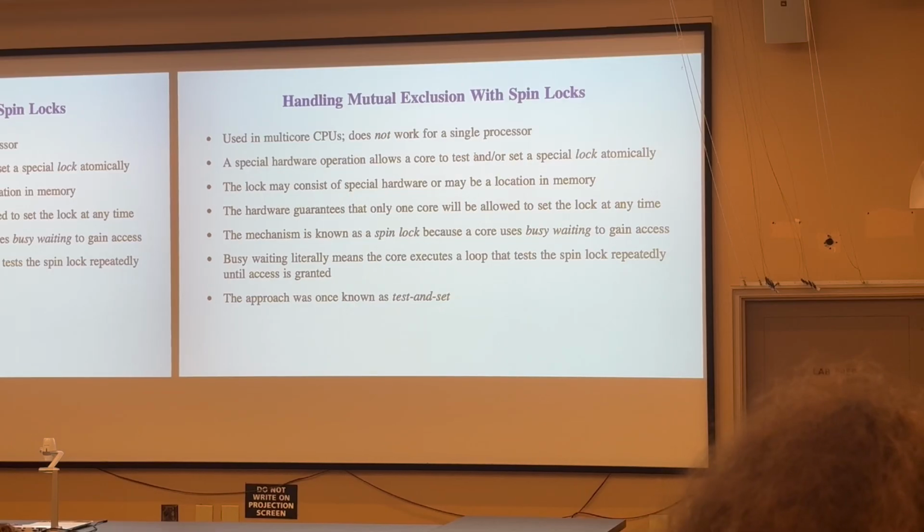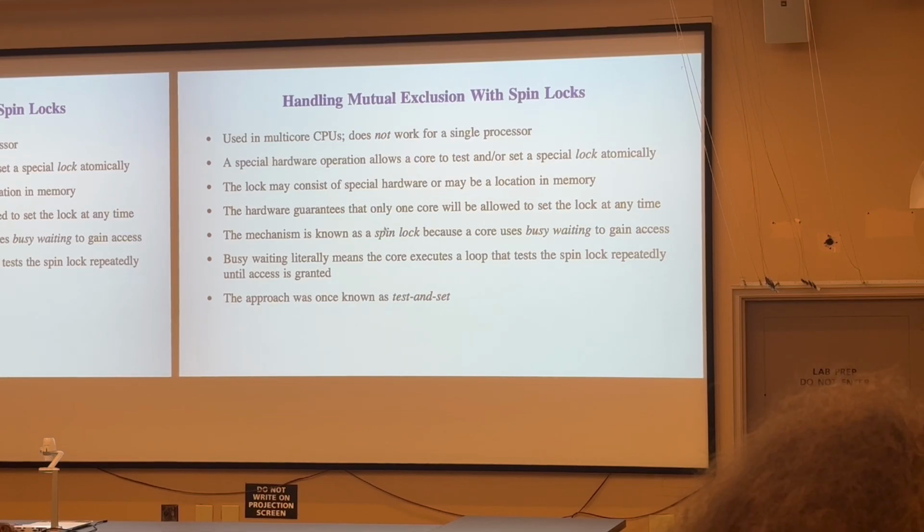That's usually called test and set. If the test passes, meaning the lock is not held by anyone, then you set the lock atomically. The lock may consist of special hardware or a location in memory, and the hardware guarantees that only one core will be allowed to set the lock at a time.